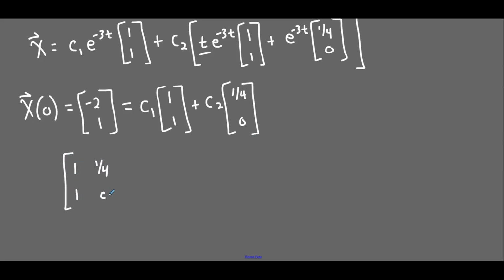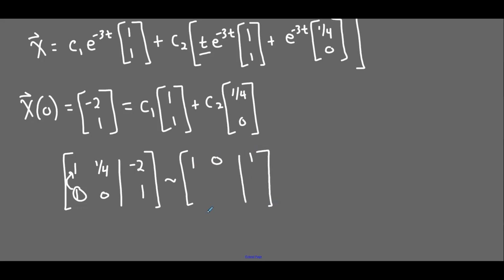So this is a system that I can solve pretty easily. Coefficient matrix, and then we augment with negative 2, 1. And let's see here. I could use this 1 to eliminate this 1, and then switch the rows. So if I just take row 1 here and subtract row 2, and then switch the rows, what do I get?